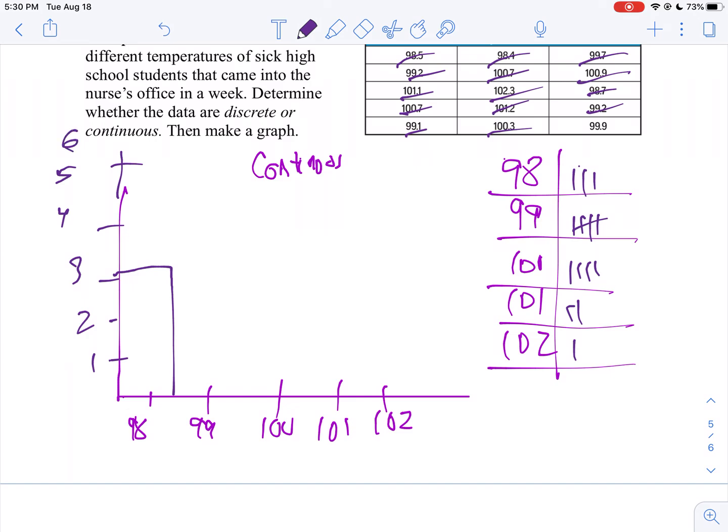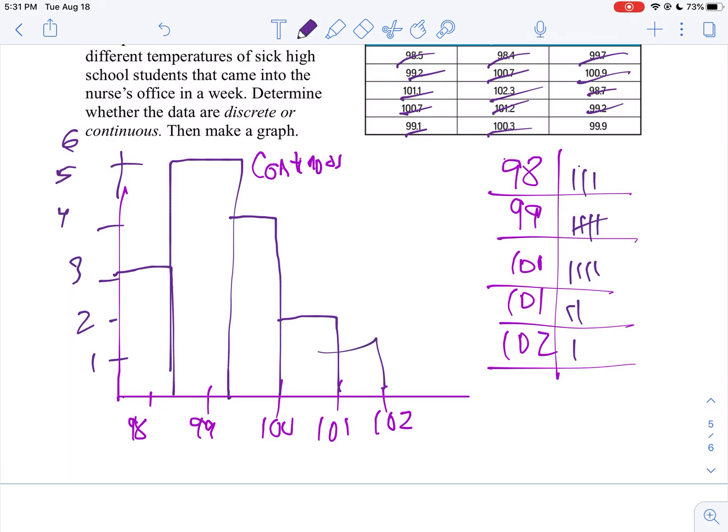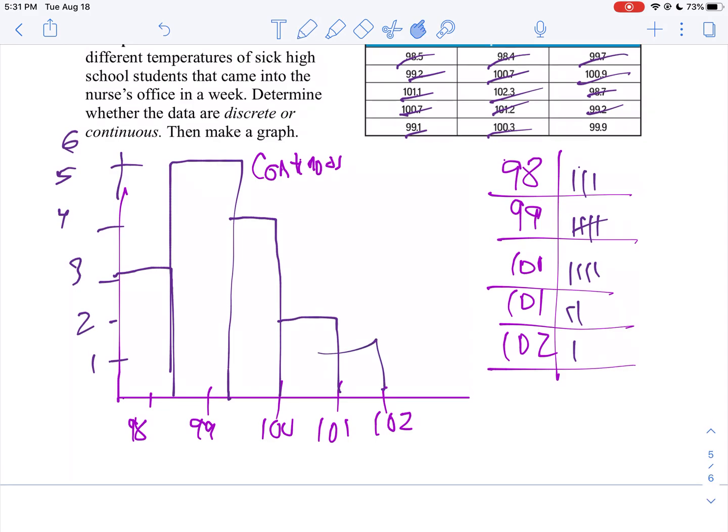I got to go up to 5. I can't count. 100, there's 4. 101, there's 2. In 102, there's 1. And there is your graph.